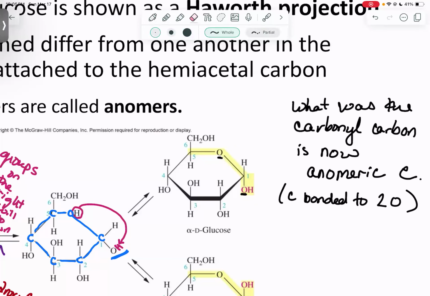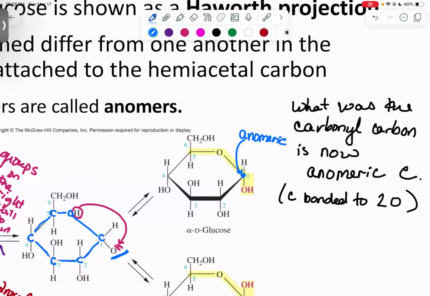So what was the carbonyl carbon, now this one is the anomeric carbon. And so you want to give the anomeric carbon the lowest number possible. It's still the same carbon, and so we need to name it the same way.